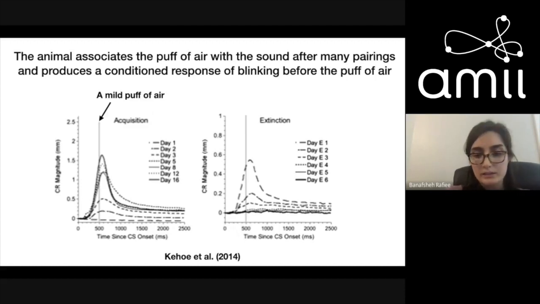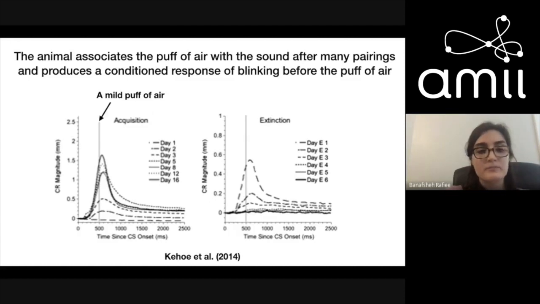And here is some animal learning data from Kehoe 2014. In the diagram on the left, we see an acquisition process where the animal learns the association between the puff of air and the sound.